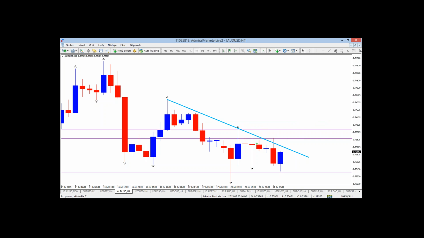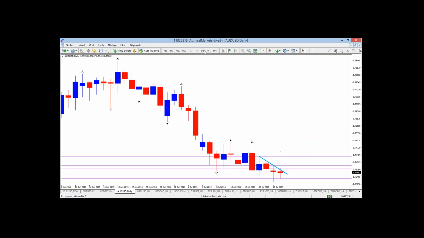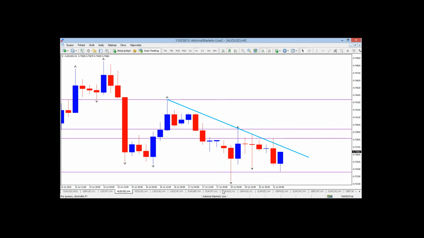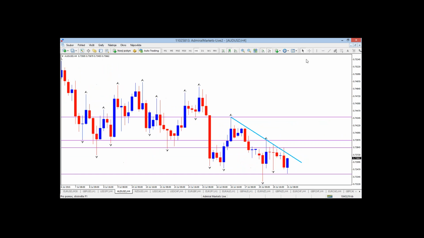But ultimately, price did go up to retest this fractal here. Wait, and this one is important. 61.8 fib.